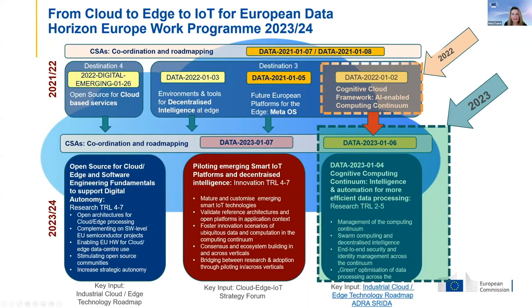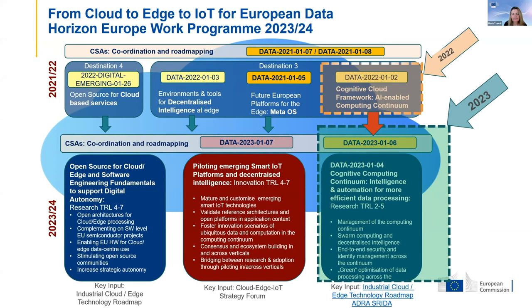Just to give you again an overview, the same as before, Rolf has given you this slide, just to show you what the topics we had called for last year to prepare for the next calls this year. And in this area, we had a call which produced 9 projects, as Rolf mentioned before, on cognitive cloud framework.